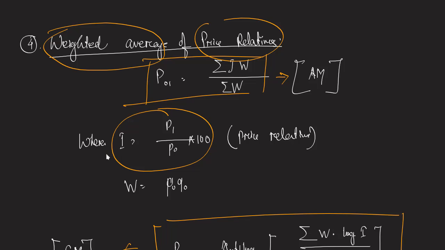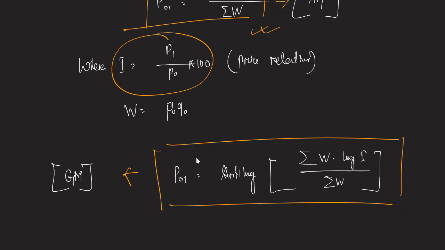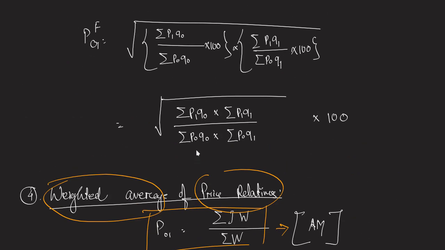So first we calculate the price relative, then we use either the arithmetic mean or the geometric mean, and weight is taken as P0 Q0. So these are different methods of construction of index number.